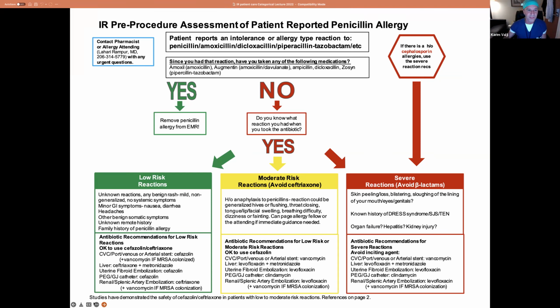And depending on how they respond, if it's low risk, then it's okay per ID to use a cephalosporin, even if there's a so-called penicillin allergy. On the other hand, if they had skin peeling or sloughing or some severe reaction, then you're absolutely not going to do that. And then you're going to use something for which they most certainly will not likely react. So again, you follow this algorithm and that will tell you what you need to do.